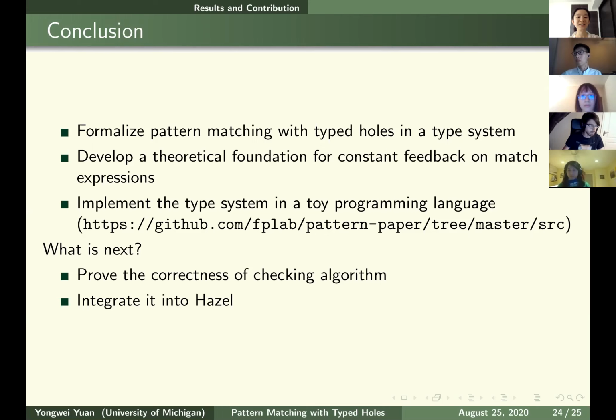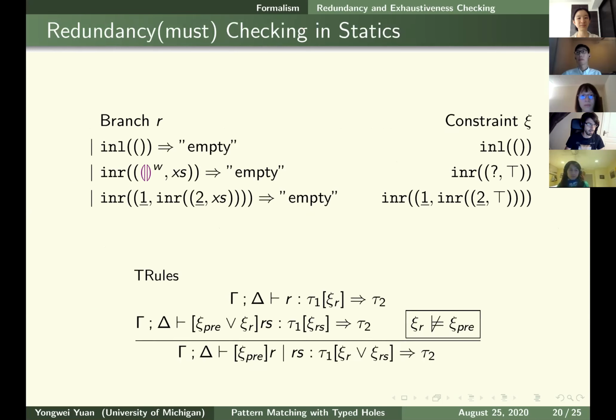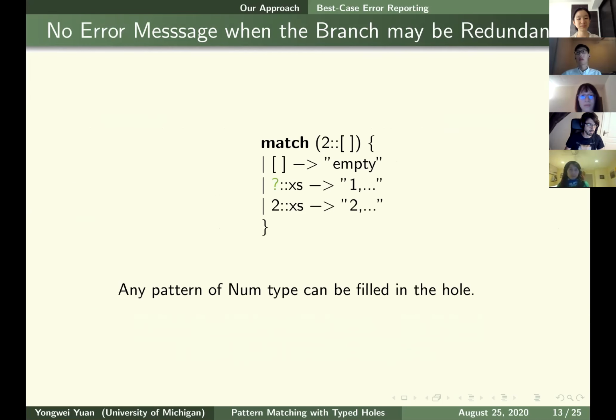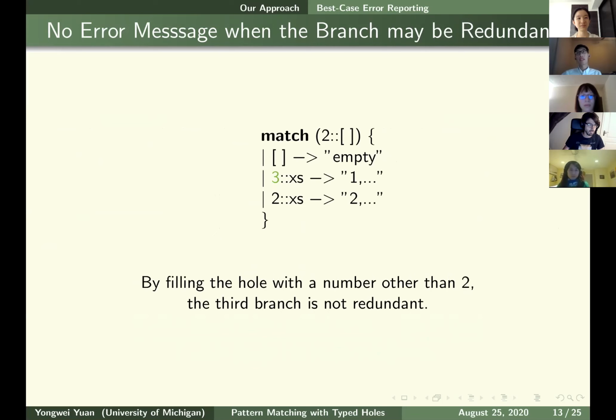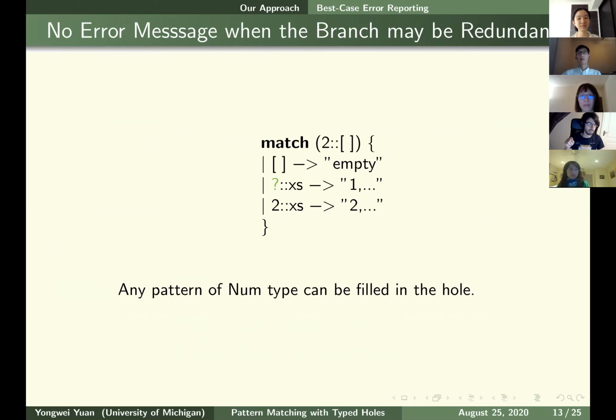I did have a question actually. I was wondering about the specific examples. Let's say you have a unit type, which has only one possible constructor. And then in the first pattern, you have a hole, for this match.